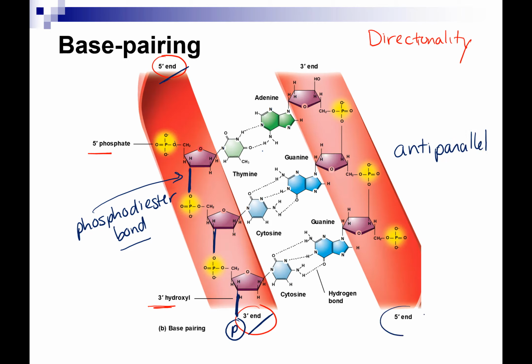Right? So it's kind of upside down. You have the 5' end here and the 3' end up here. So we talk about the directionality of DNA and RNA being 5' to 3', and the two DNA strands are anti-parallel.